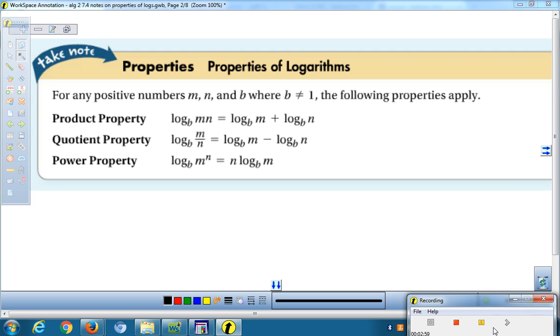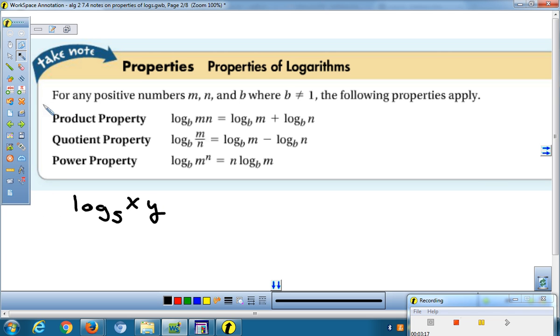So what I would like to do on this same page is give a simple example of each of those properties, because they'll get more complicated. So you want to have just a nice, easy one to go back to. And we'll do these with variables because they tend to be easier that way. So we'll have log base 5 of xy. And here we are going to be illustrating the product property.